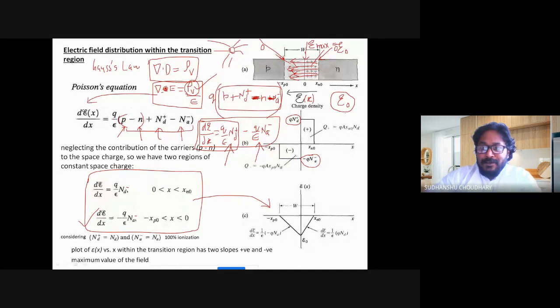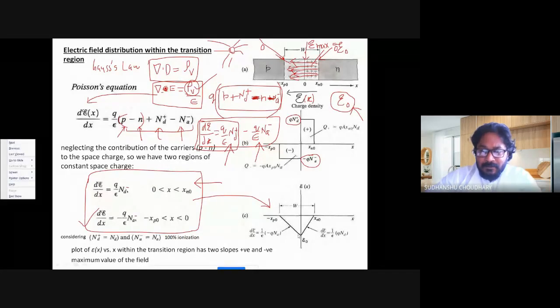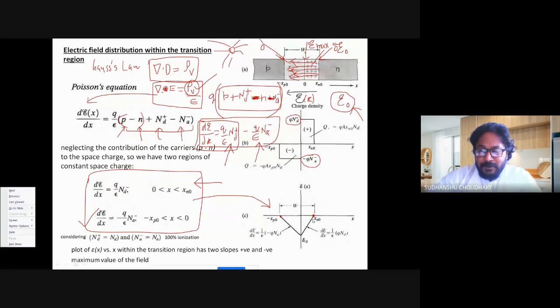Considering this relation, and also understanding that the electric field will be maximum, that is E naught, at the junction, one can draw the electric field distribution profile inside the junction. For plotting this, we mark two points over here, xn naught and minus xp naught. The difference between these two gives me the width of the depletion region.